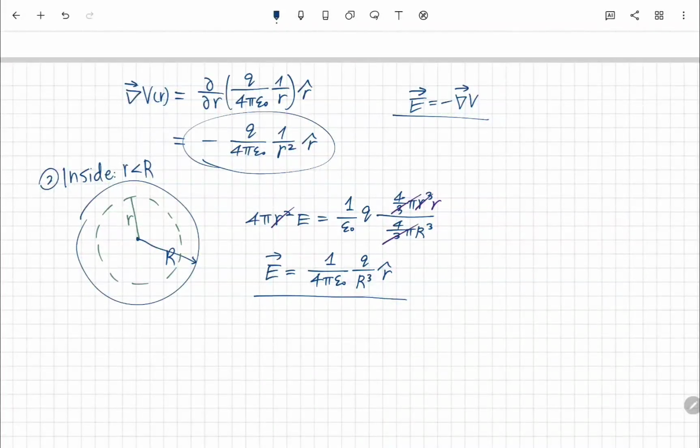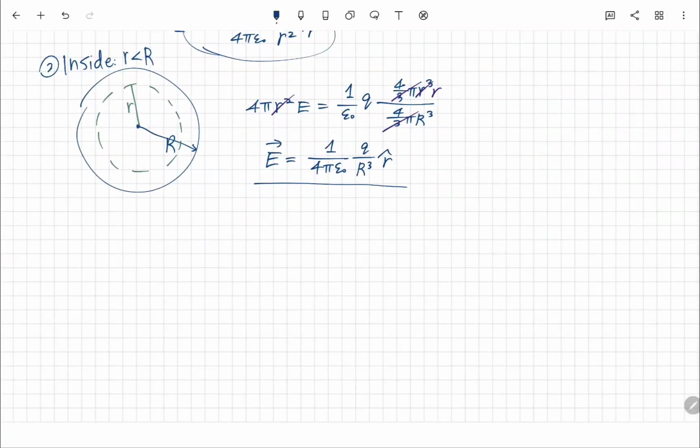Now the trickier point comes when we do the potential, because we know that even in an area where the electric field is 0, the potential doesn't have to be 0, and it probably won't be 0.